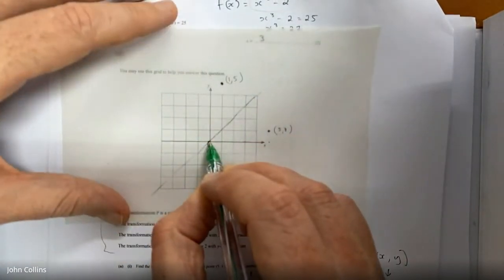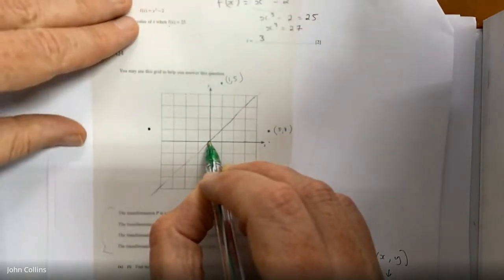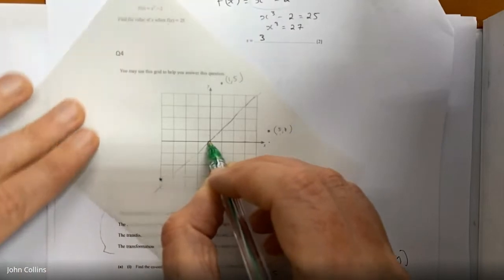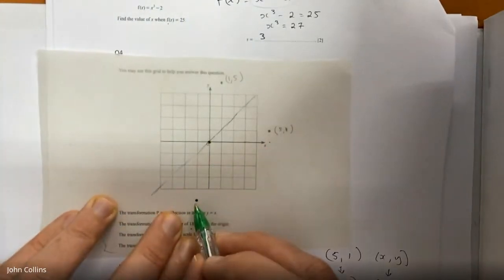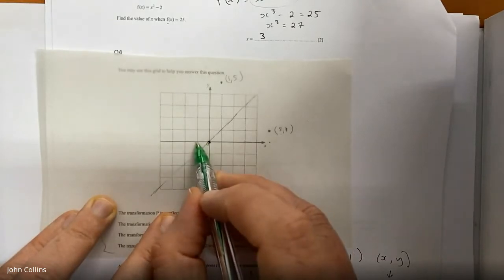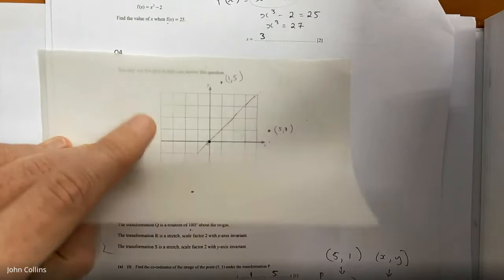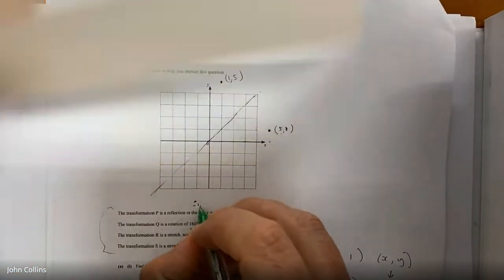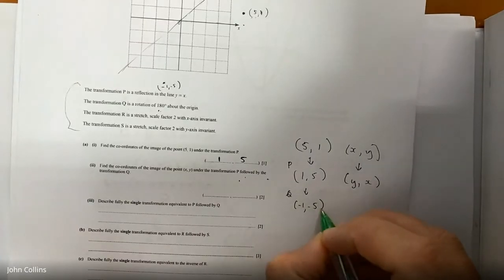So 180 degrees, it doesn't matter what direction. Let's just go anti-clockwise just because it's easier for me here. That's 90 degrees. And that's down here at 180 degrees. So it's down here. And that's at -1, -5. That was at -1, -5 on my diagram. So that became, with Q's transformation, -1, -5.